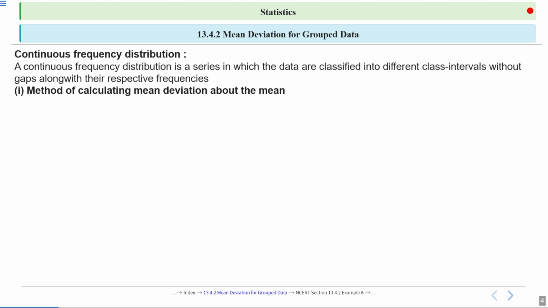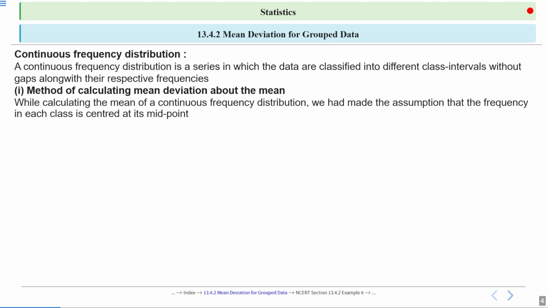Now, let's look at how to calculate the mean deviation about the mean for a continuous frequency distribution. This method helps us measure how much the data values typically differ from the average value, or mean, of the distribution.